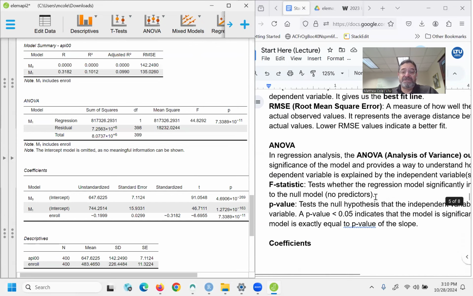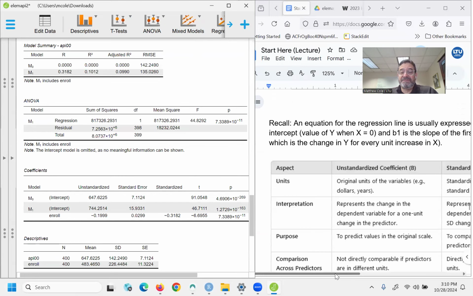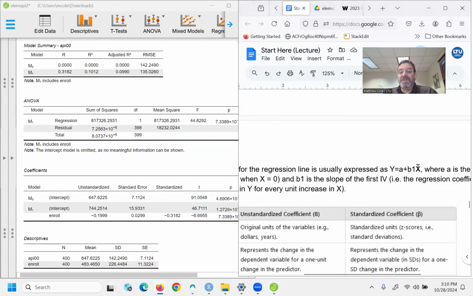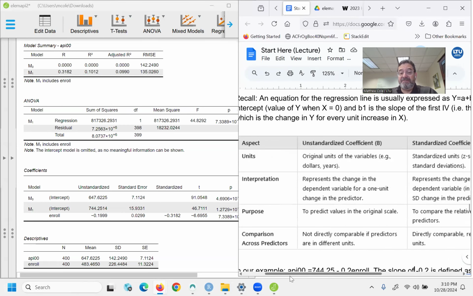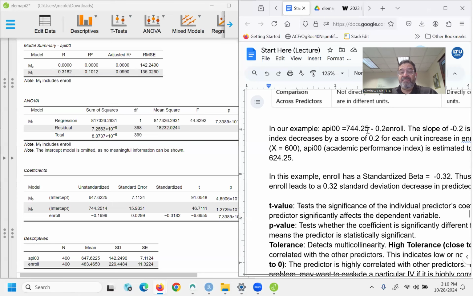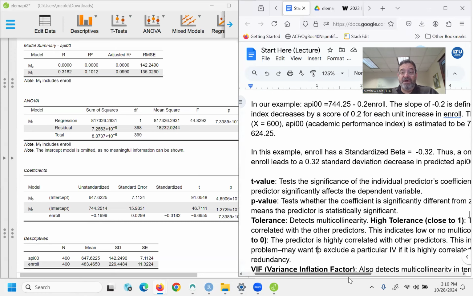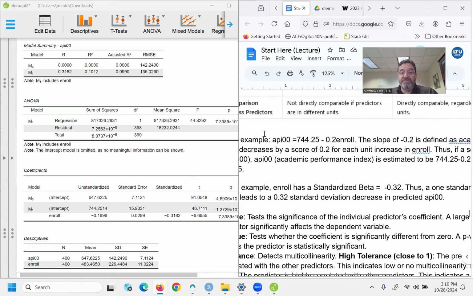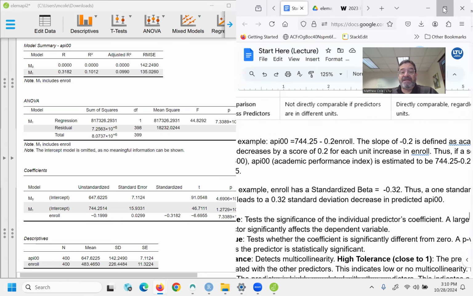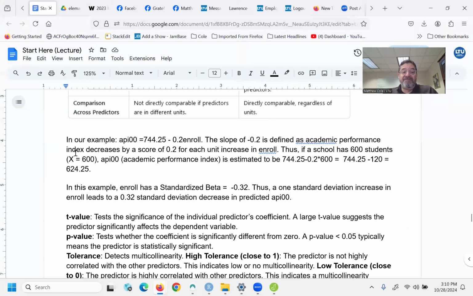Because the actual regression equation is y equals a plus b, but in this case, the b is negative, so we don't say plus negative, we just say minus. It's 744.25 minus 0.2 enroll, which is another way of saying that we have a slope of negative 0.2. And what is that defined as? Academic performance index decreases by a score of 0.2 for each unit increase in enroll.